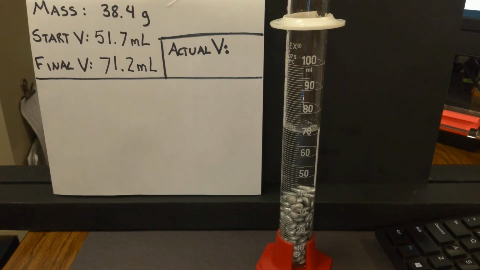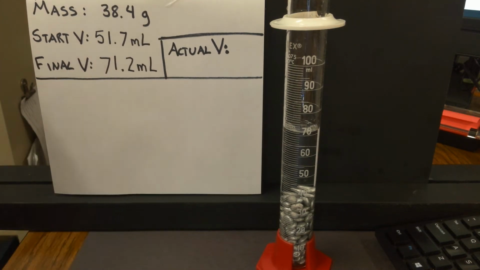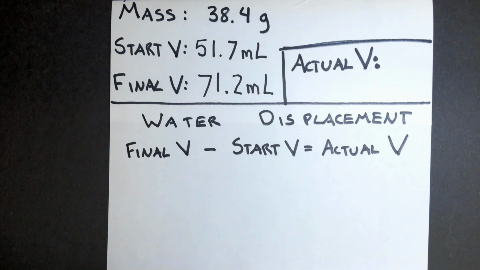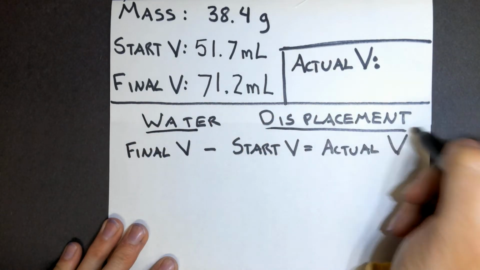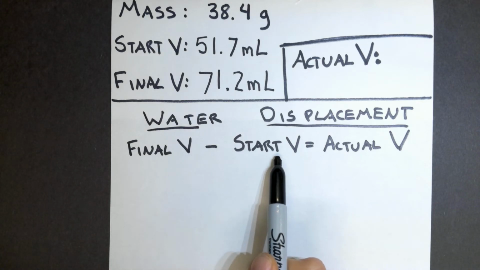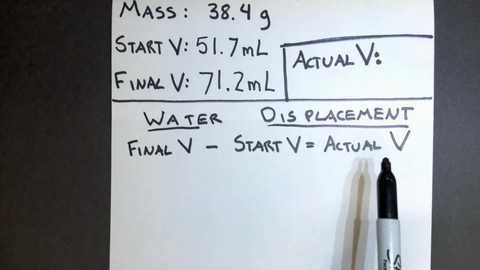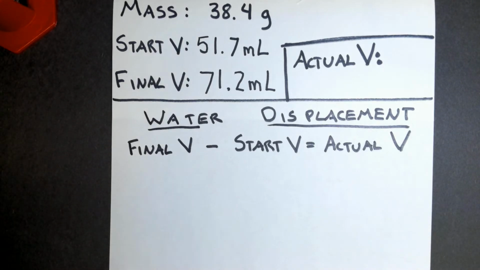So at this point, I just need to show you how to use this data to calculate the actual volume of those pellets. So to practice water displacement, we are going to take our final volume and subtract the starting volume from it to get the actual volume of the pellets that we just measured. So our final volume was 71.2.